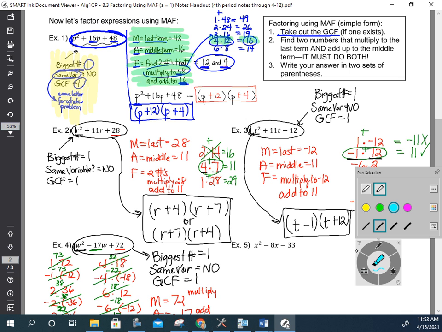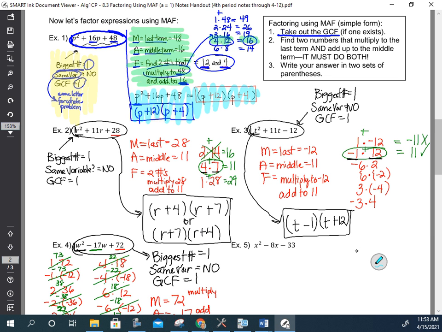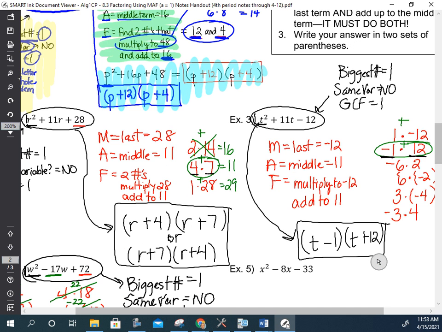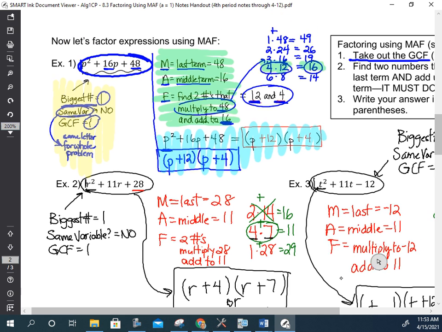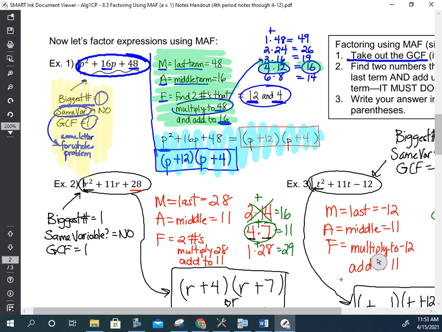Third step was to write your answer in 2 parentheses. So this was step 3. Let me blow this up just a little bit, just in case people can't see it. You take your original problem and write it in 2 parentheses.